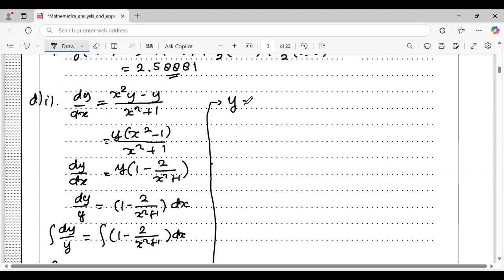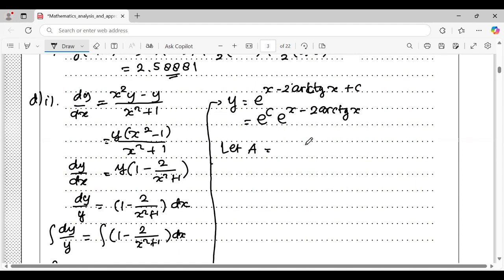It means y, according to the log rule, y equals e to the power x minus 2 arctan x plus c. Or I can write it like this, e to the power c times e to the power x minus 2 arctan x.